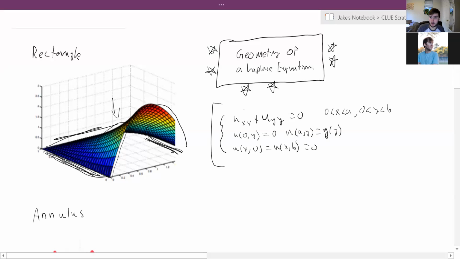We're taking information about curvature in the x and the y directions, and we're trying to say something about the surface based solely on boundary conditions. And frankly, I think that's kind of amazing. All we know is some information about how the derivatives interact, and we know what the edges look like, and we can tell what this manifold is going to look like based off of that. So I just think that's kind of cool.